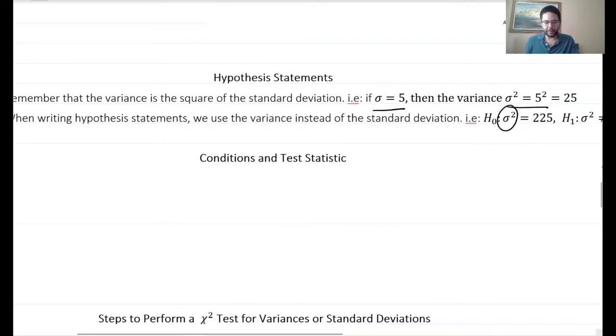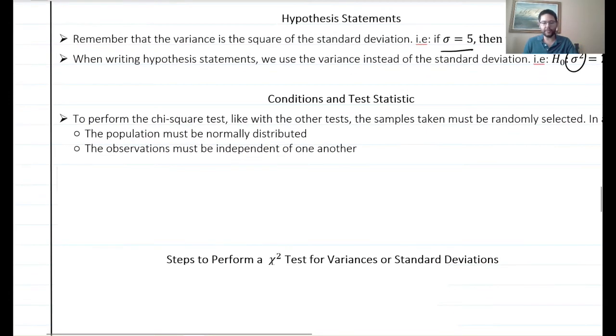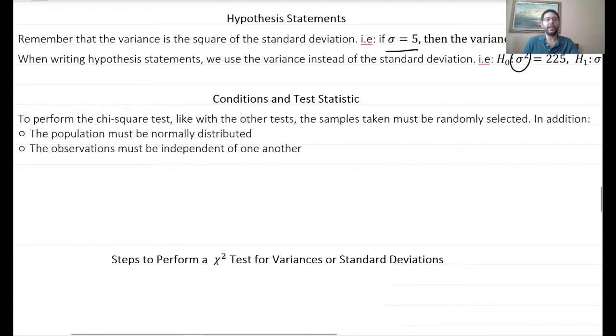Next we want to show you the conditions. If we want to use a chi-square test, then just like the other tests, there are conditions that need to be met. First off, the sample has to be randomly selected, which is true for all the tests. Whenever you take a sample, it has to be random.